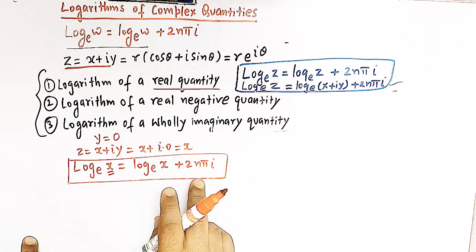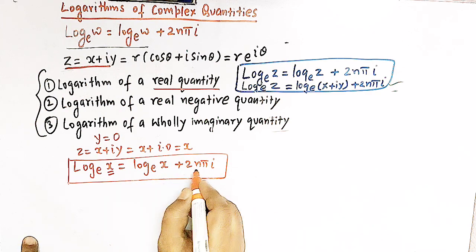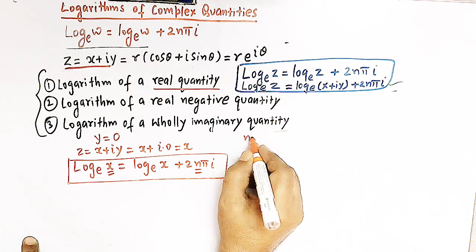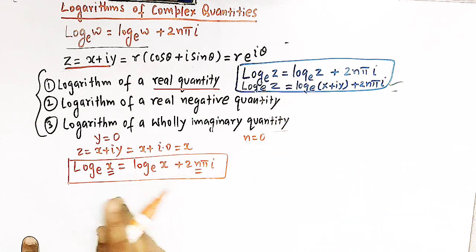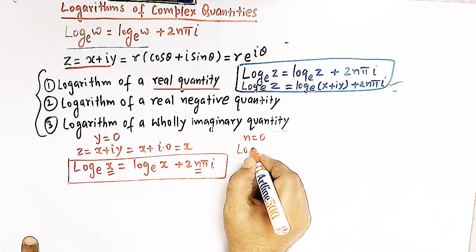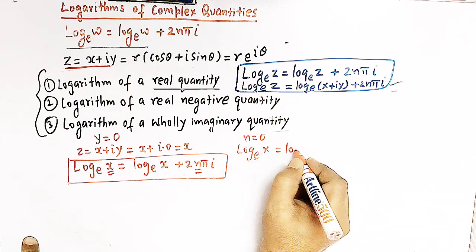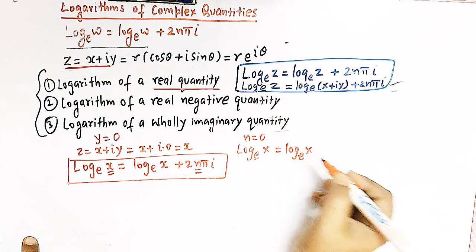So this shows that a real positive number, that is x, has only one real logarithm corresponding to n equal to 0. If we take n equal to 0, then this expression reduces to log x to the base e is equal to log of x to the base e.